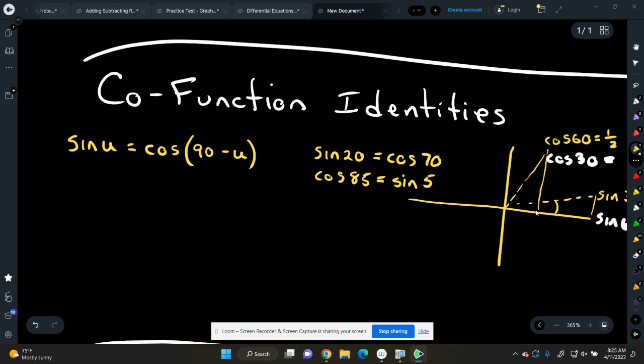Okay. Co-function identities. So this is going to extend beyond just sine and cosine. So let me write this. Cosine of u will equal sine of 90 minus u. And then we've got the tangent of u is equal to the cotangent of 90 minus u.